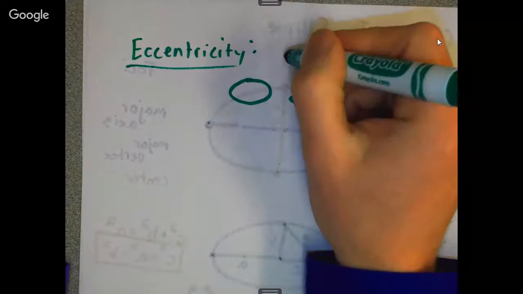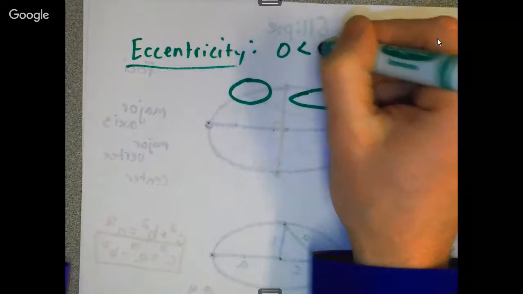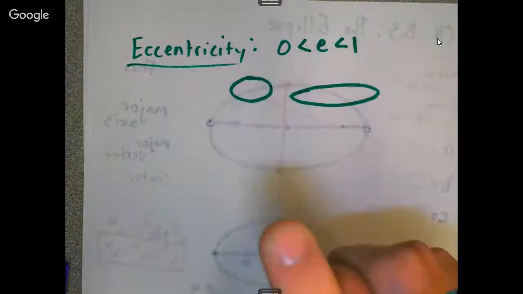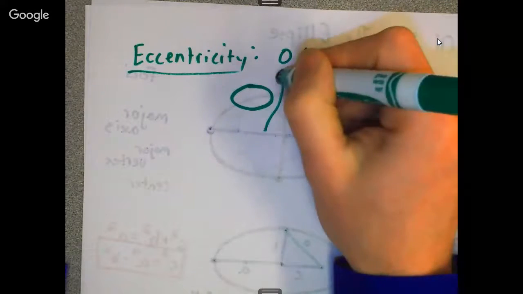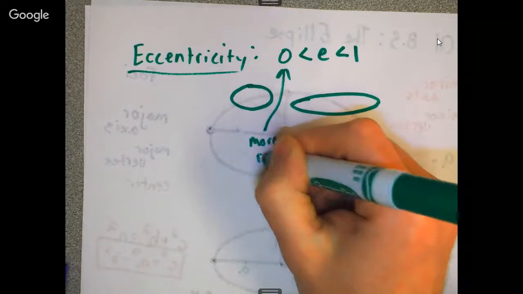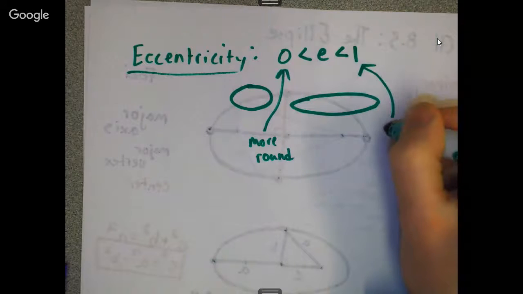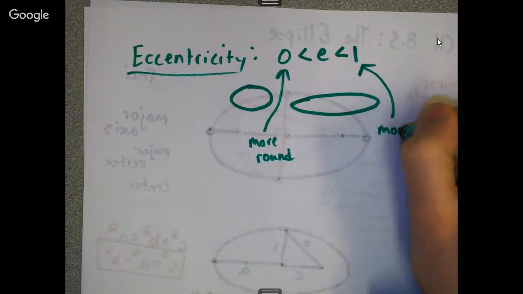The eccentricity goes between 0 and 1. Okay, if it is a 0, it is more round, like a circle. As it goes to a 1, it's flat or more linear.